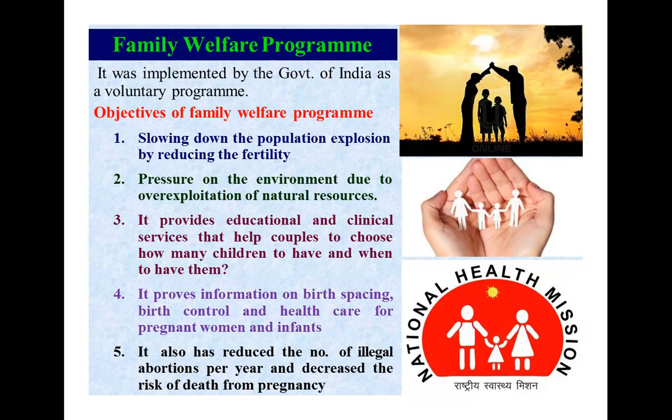The third objective of the family welfare program is that it provides educational and clinical services that help couples choose how many children to have and when to have them. The objective of this welfare program is mainly to control the population. By providing educational and clinical services, it helps couples choose how many children to have, like one or two, and when to have them, like at a difference of 4 years.